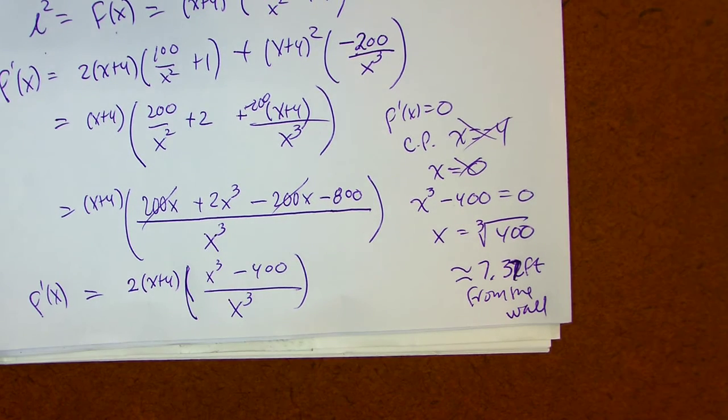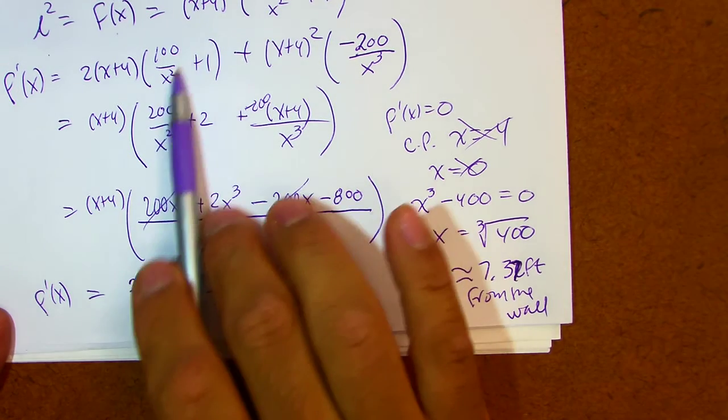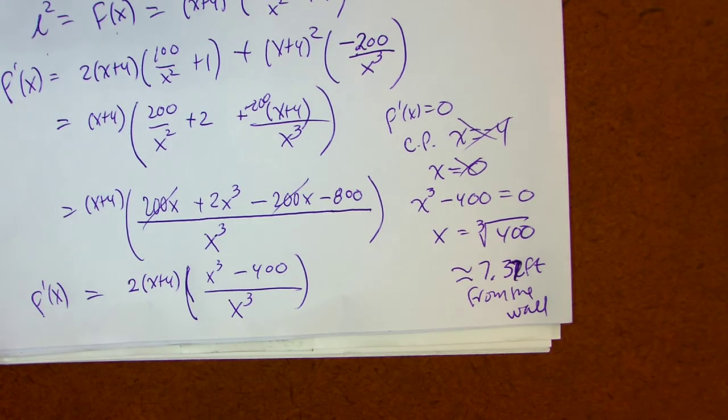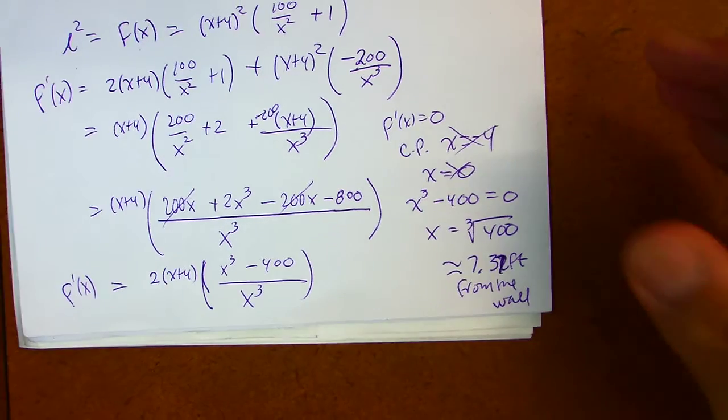All right. And we can confirm that's a local min. We could plug it in into our f, and we'll see we'll get a local minimum. Okay. All right. Any questions on this example here?